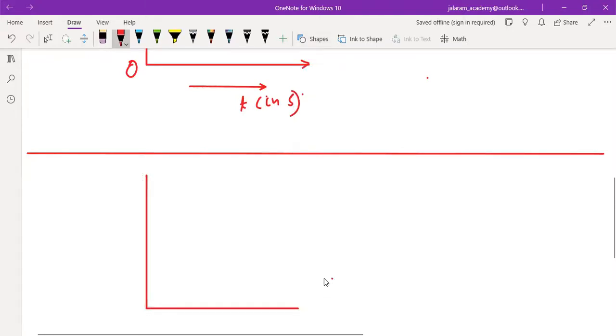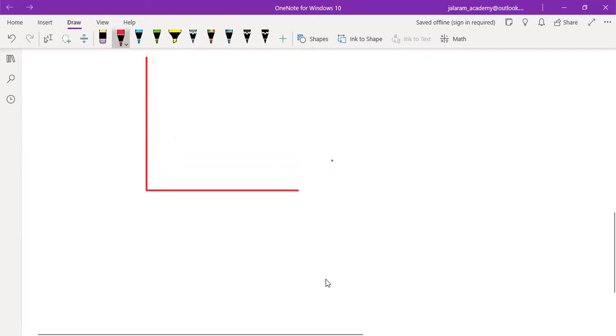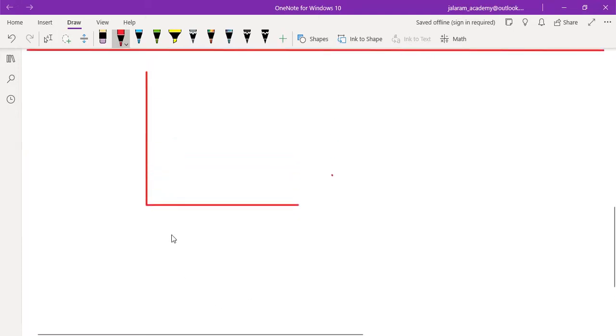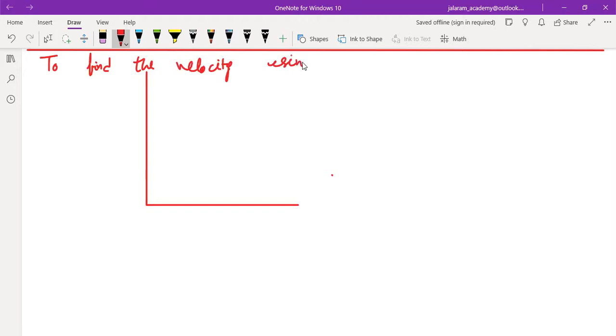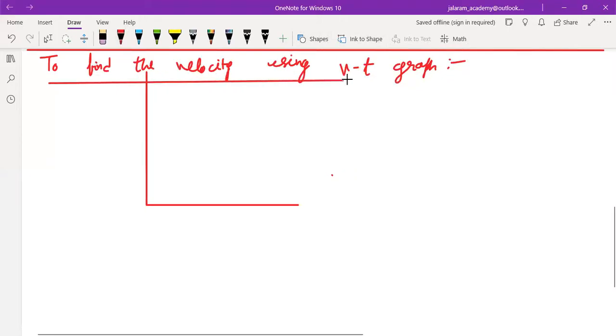So draw it again and write the heading to find the velocity using VT, that is velocity time graph.